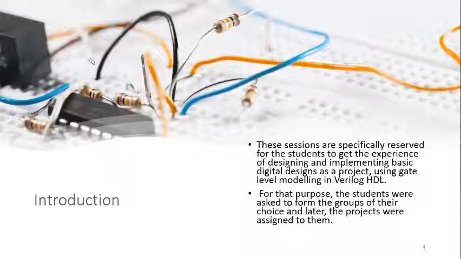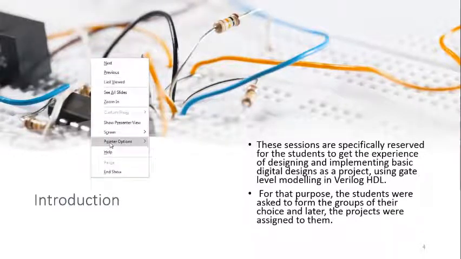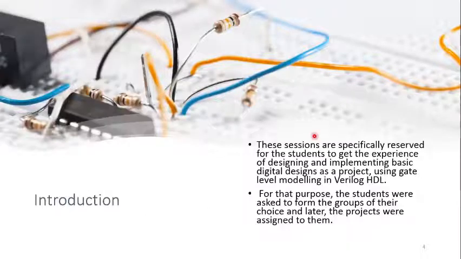To start with, these sessions are specifically reserved for the students to get the experience of designing and implementing basic digital designs as a project using gate level modeling in Verilog HDL.